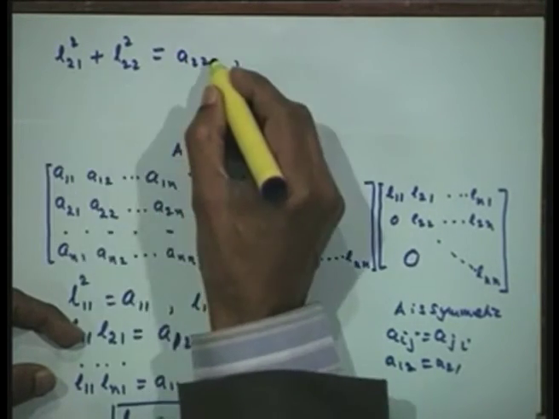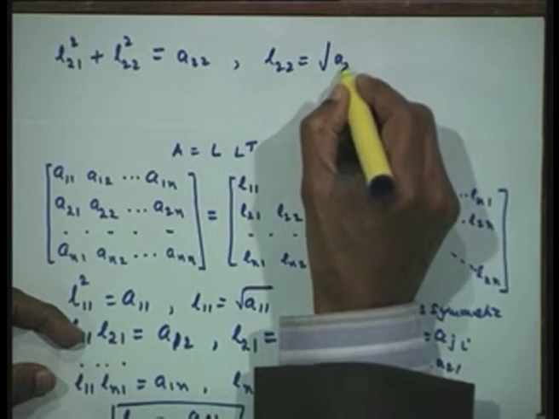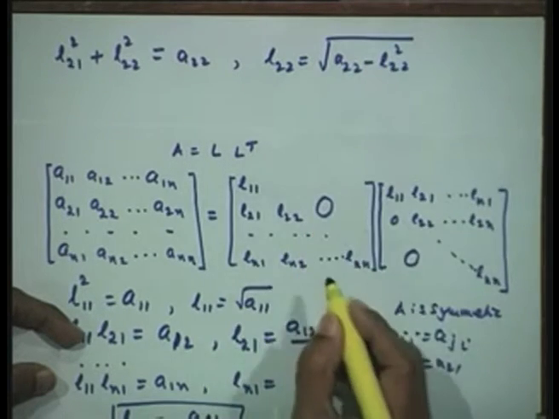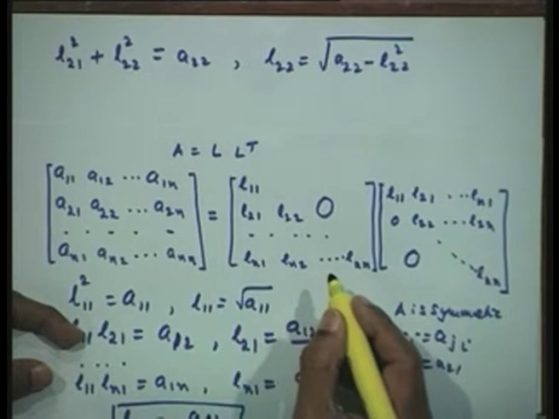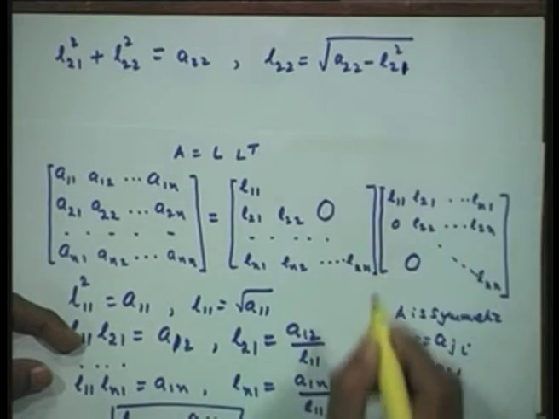Therefore we take L21 square to this side and take the square root of that. So I will have L22 as square root of A22 minus L21 square.